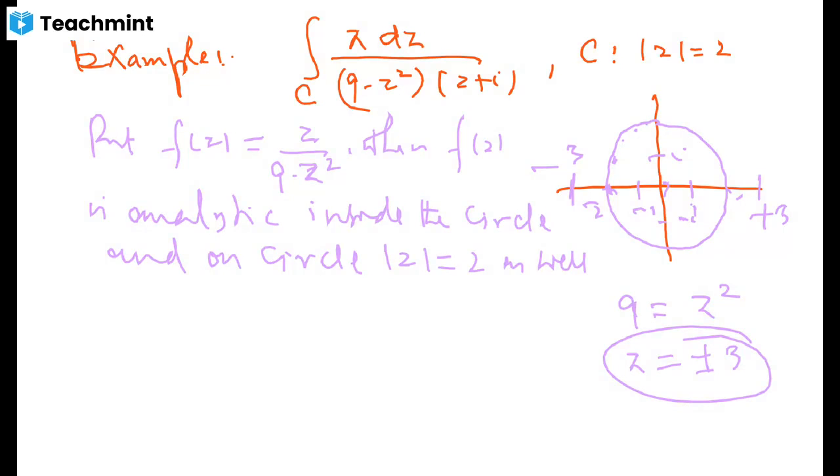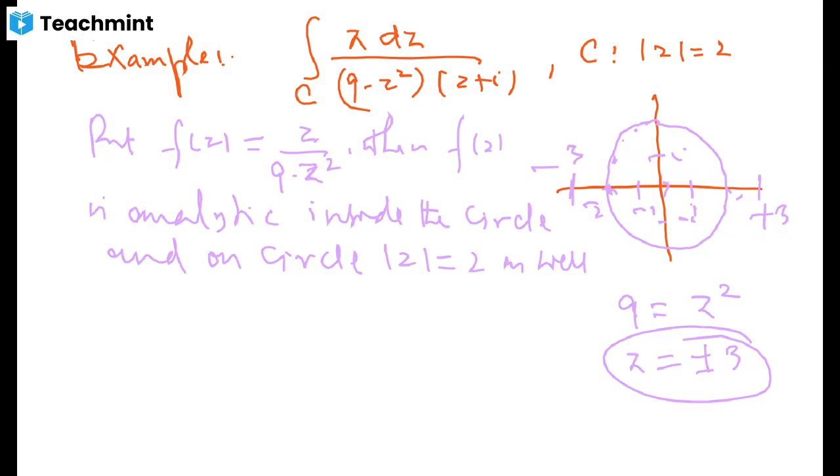The other thing is why I have brought z plus i. If you take z plus i in the denominator, you will have a problem there, because minus i is inside this contour, and at that point the function wouldn't have been analytic. So we dropped it, but it will work for us.